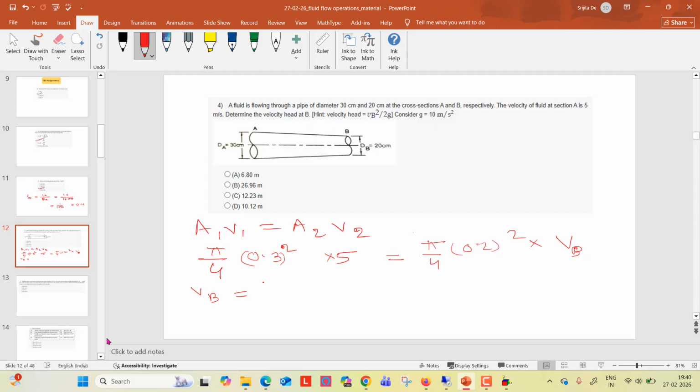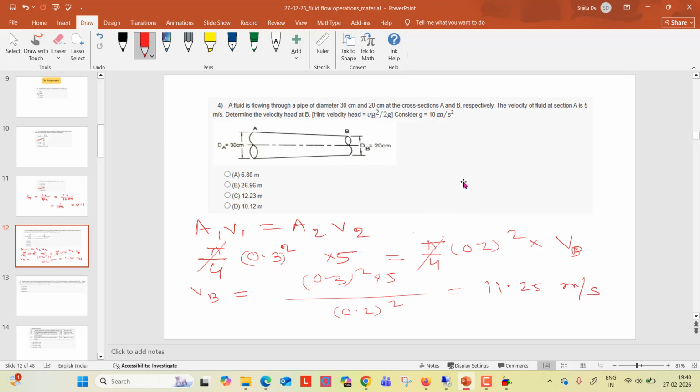So VB will be 0.3 square into 5 divided by 0.2 square, which equals 11.25 meter per second.